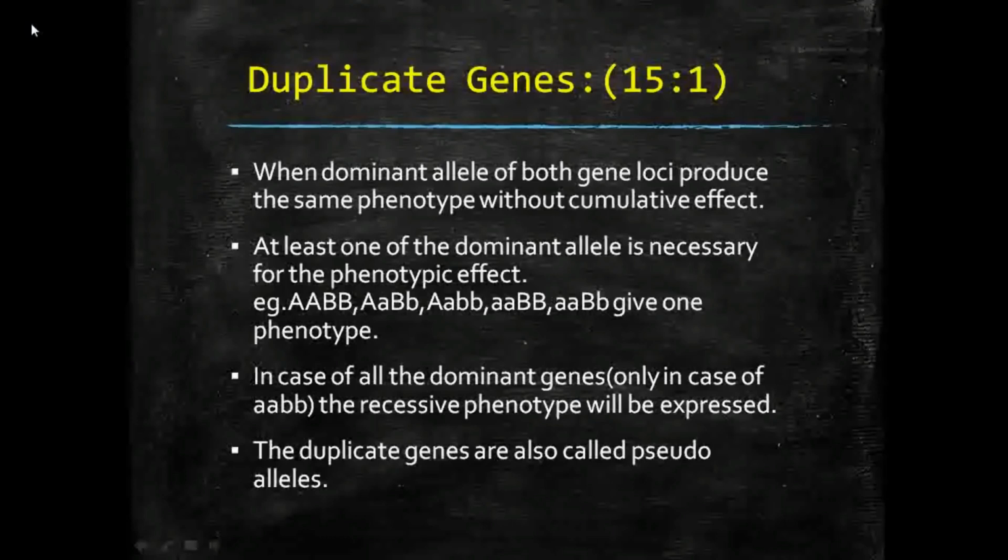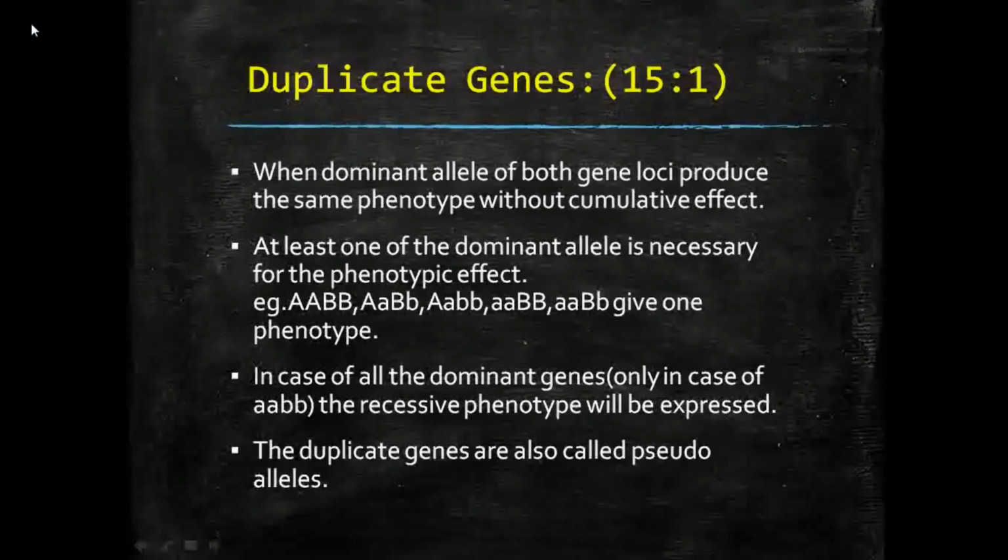When these alleles of both genes produce the same phenotype without their cumulative effect, at least one of the dominant alleles is necessary for the phenotypic effect. So the condition is that any one of the alleles should be dominant.